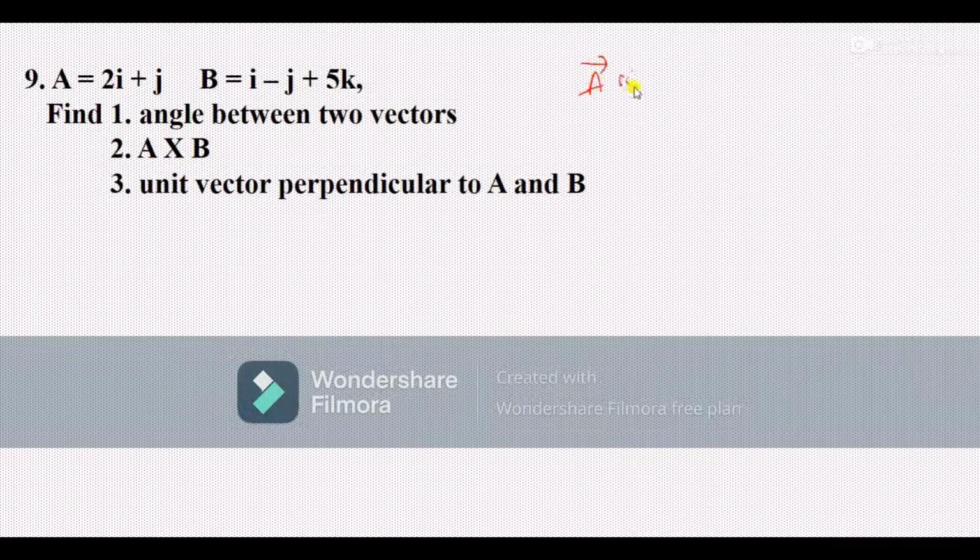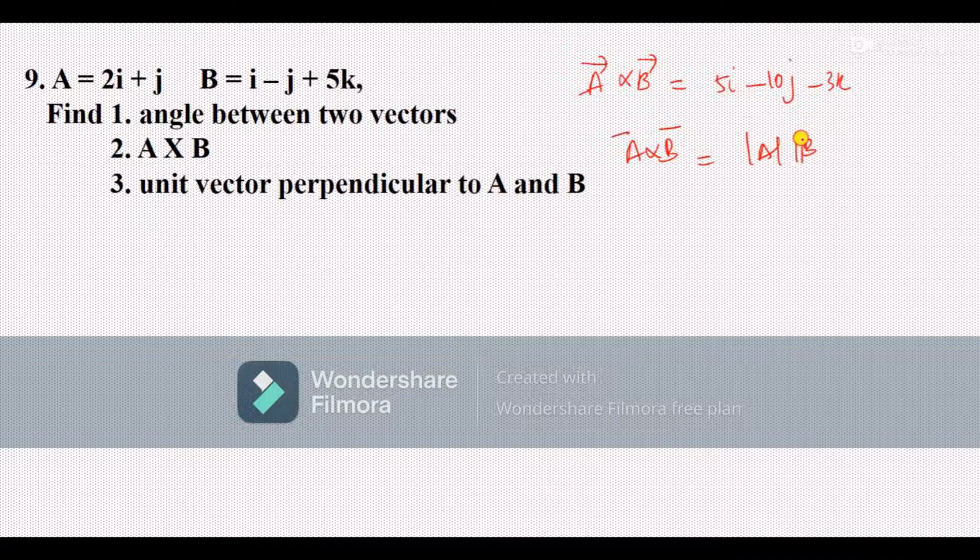Next we will find the angle between these two vectors. We use one more equation: magnitude of A cross B is equal to magnitude A, magnitude B, sin theta.